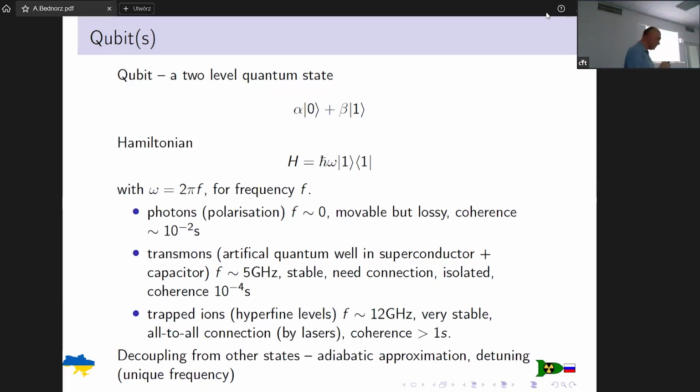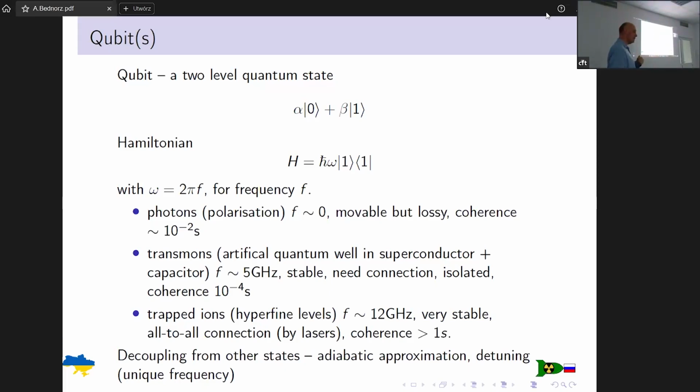Yes, a very good question. Our world consists of billions of qubits, and they are all over the world. So it took years to isolate these two level states, and it's not that this is the Hamiltonian of the whole object.